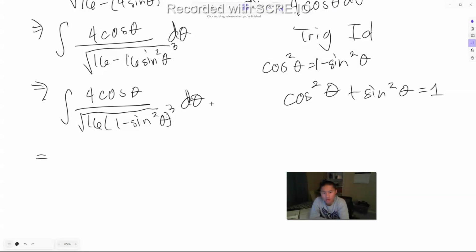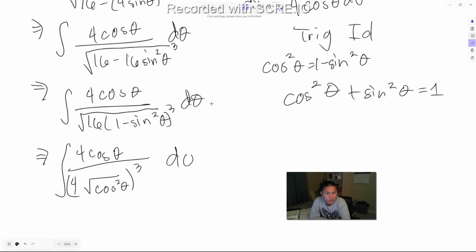It'll be 4 cosine theta. Sorry, it's a little bit messy. We can actually take out the 16, put it right there. Now that'll be equal to cosine squared theta, and all of this will be cubed, d theta. Now, this will be equal to cosine theta, and that's all cubed.